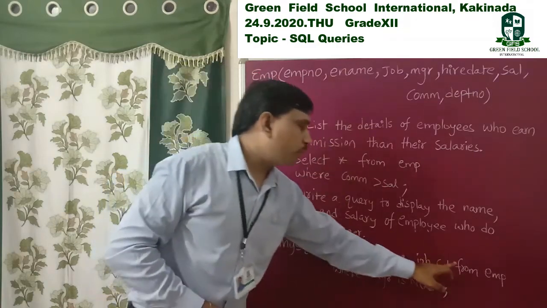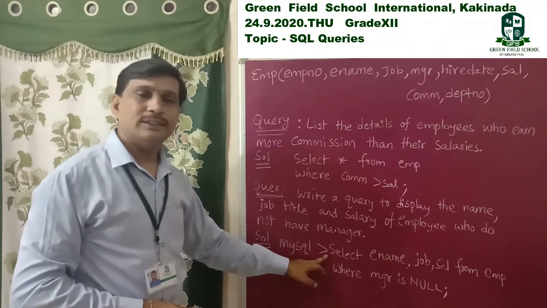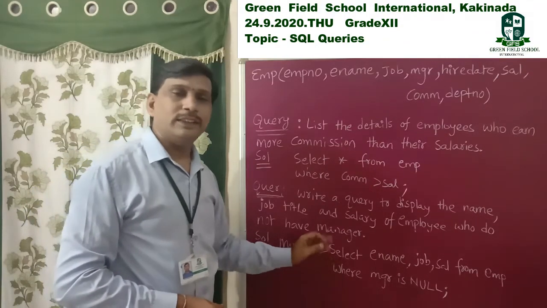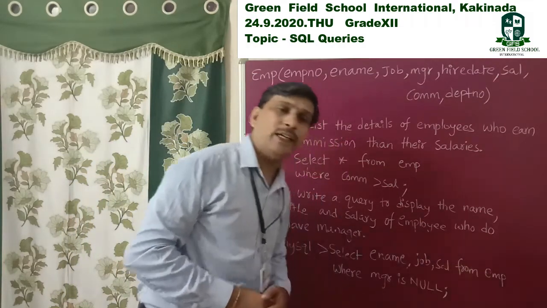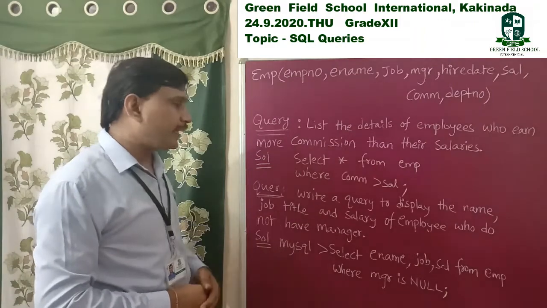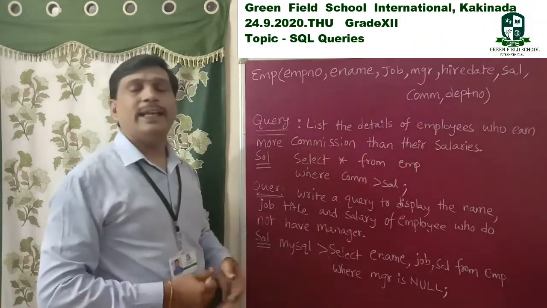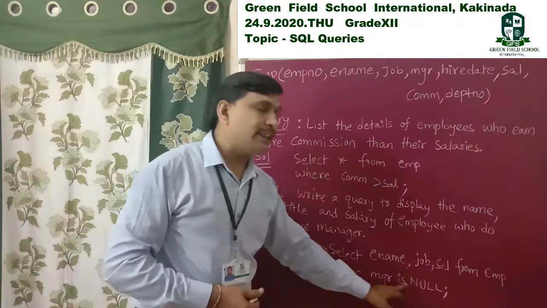EMP table. Then we select to get data from the database server, that is why it is a query, a select statement: select name, job, sal from EMP. Where condition? Who do not have a manager? So where manager is null.